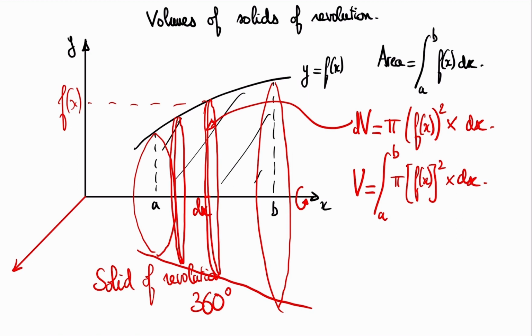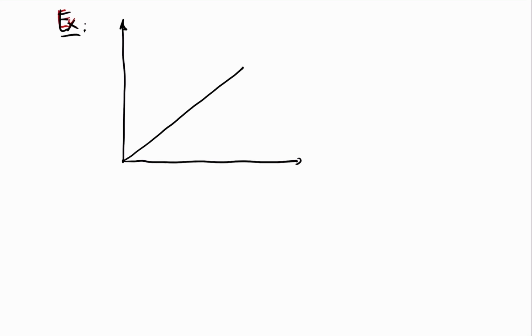Okay, let's do an example. Say, for example, we have a cone, so basically a line like this, and we are going to rotate it around the x-axis.